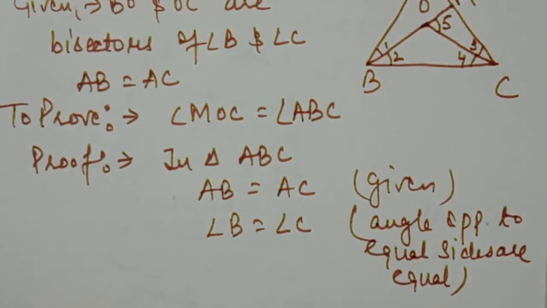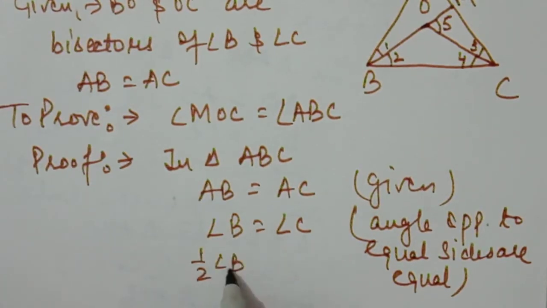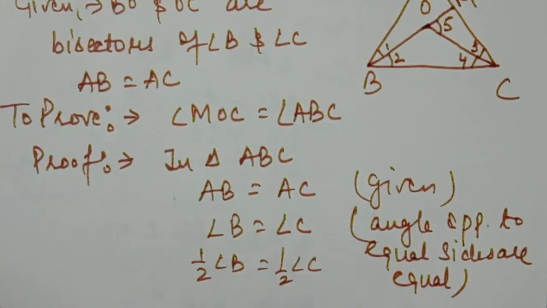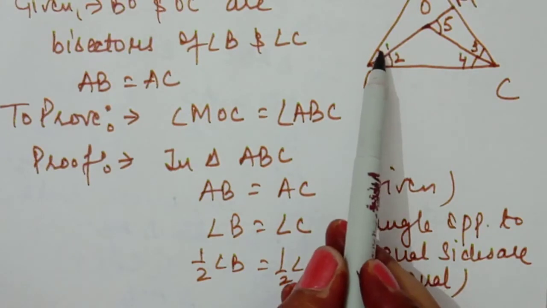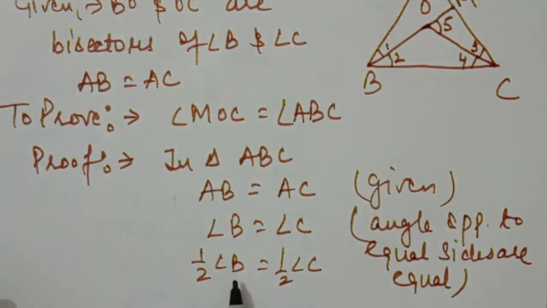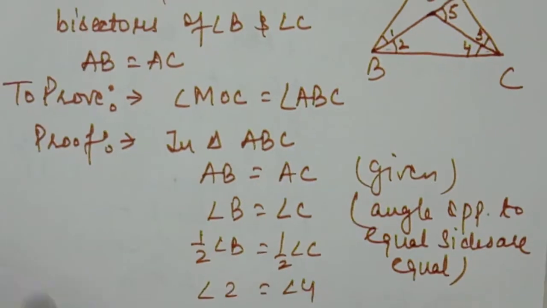Correct? So if these two angles are equal, then half of angle B and half of angle C are also equal. Angle 1 and angle 2 are both half of angle B, but we have to choose only one, so we will take the interior angles. So angle 2 is equal to angle 4.